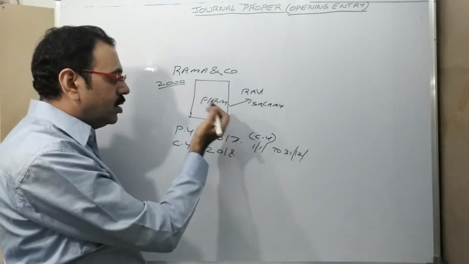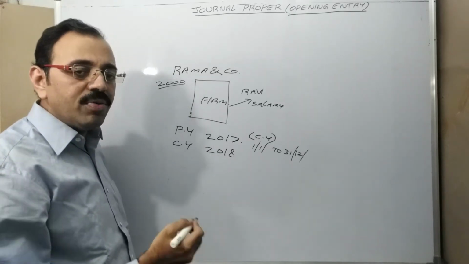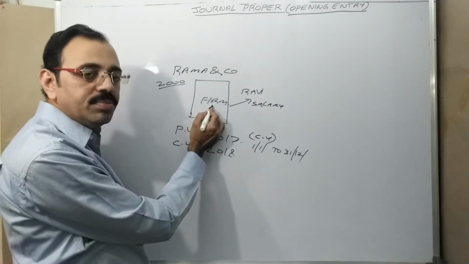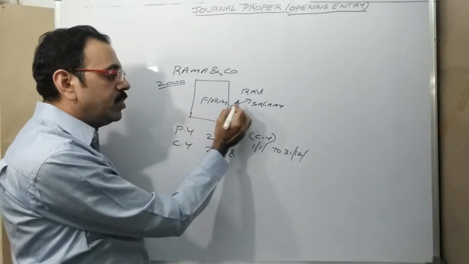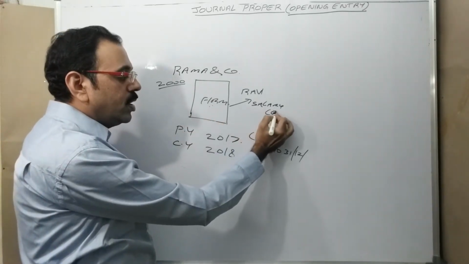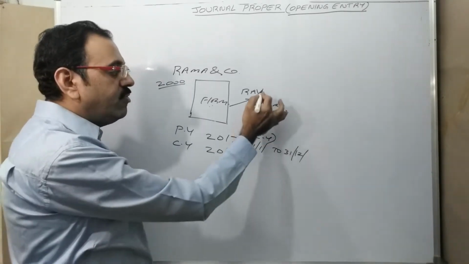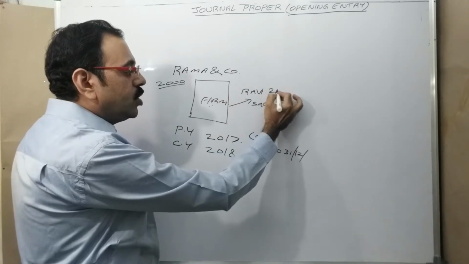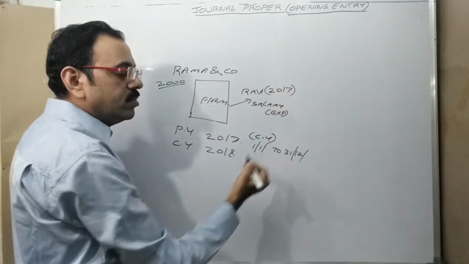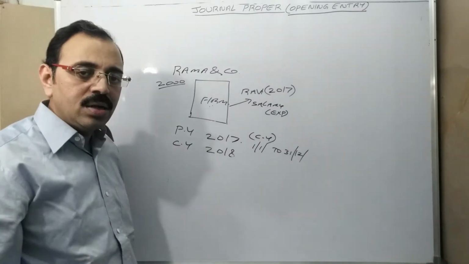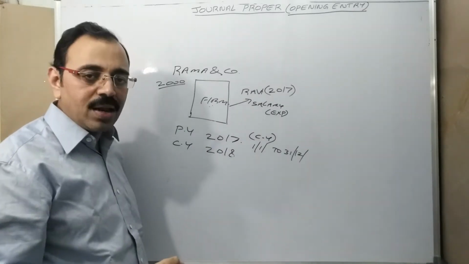Whenever we do accounts, we should think from firm's point of view. So assume that you are an accountant of firm. So to the firm, the salary is what? Expenditure. When Ravi joined with us? In 2017. So in 2017 he worked and every month he took his salary.